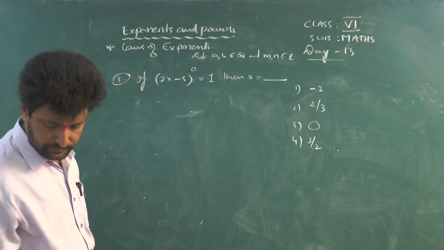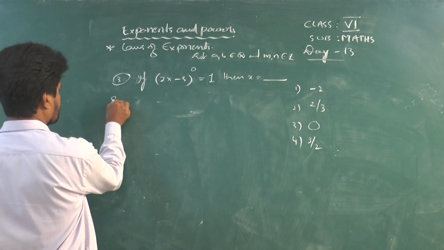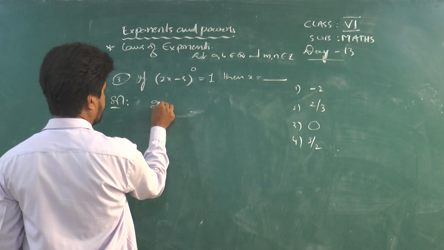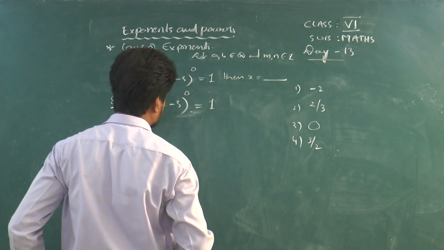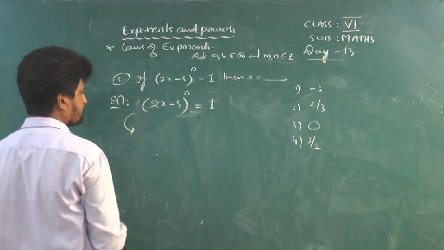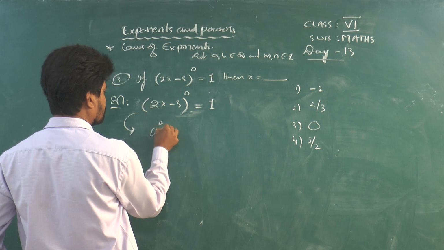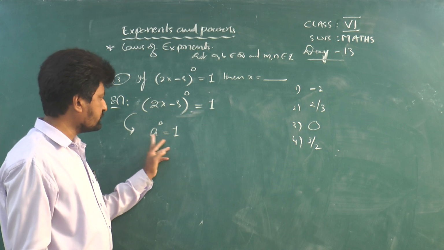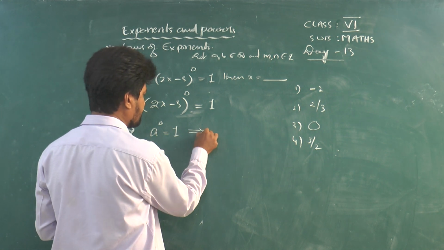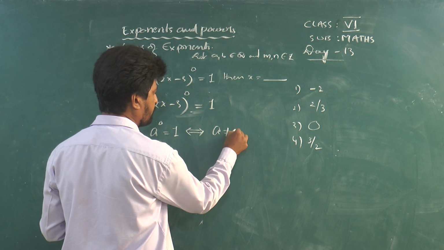Okay, let us see here. Given that (2x minus 3) to the power of 0 is equal to 1. This one happens when a to the power of 0 is equal to 1. That happens if and only if a should not be equal to 0.